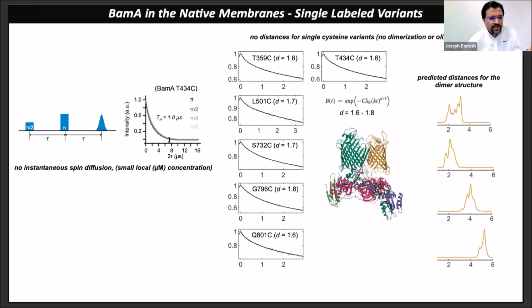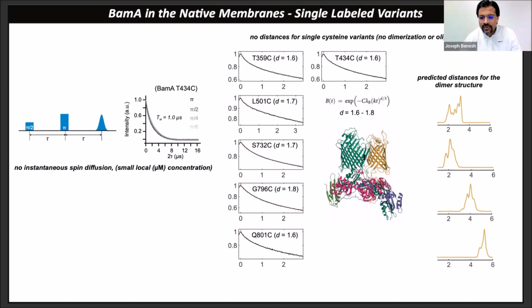And as you can see here, there's no change in the relaxation as we reduce the flip angle, revealing that there is no high local concentration, as you would expect from oligomerization or aggregation. So we further measured several single cysteine variants, as you can see here, distributed along the barrel.